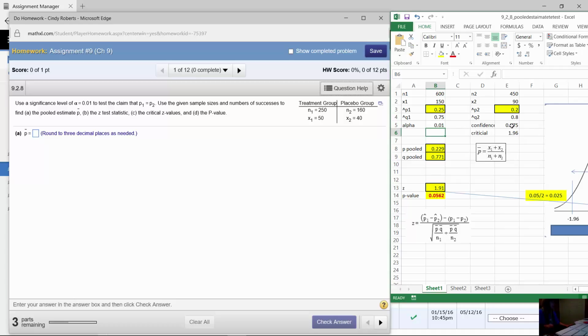0.01. My confidence in this case, I probably should have made this one a formula. So if you remember what this was, this was 0.05, so we could actually make it a formula. In this case, it's 1 minus this value, and I'm going to put that in parentheses, and then I have to add back half of that value.